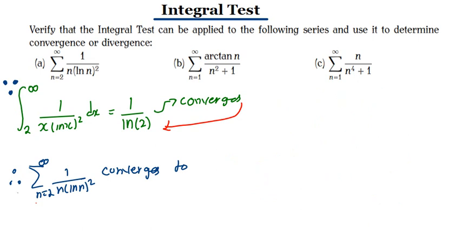You can write to say it converges to 1 over natural log of 2, and that's the solution. That's how you present the solution.